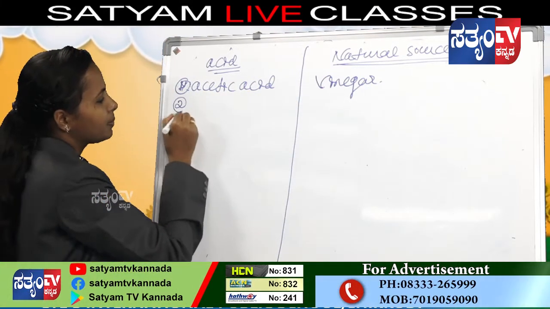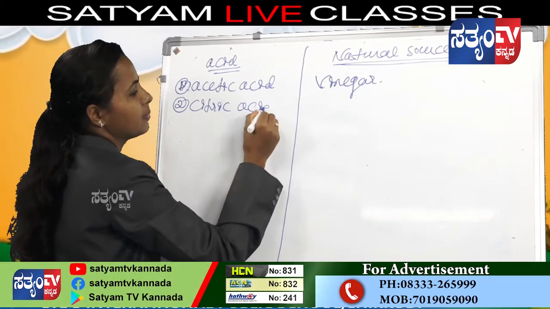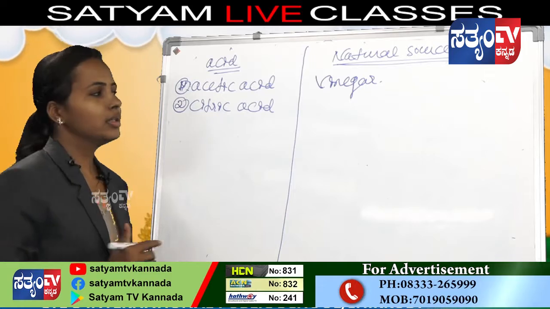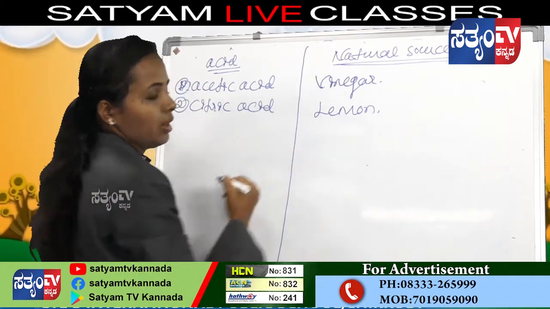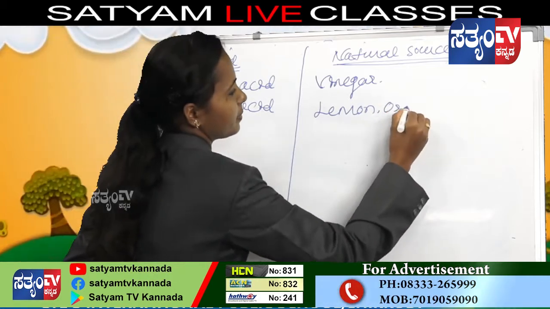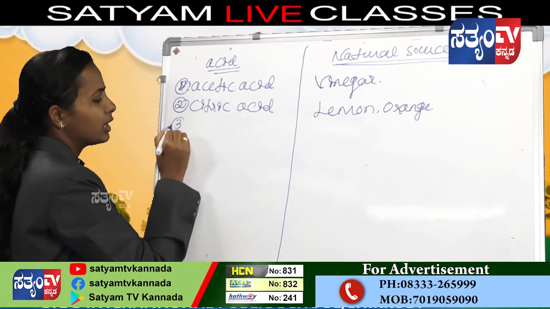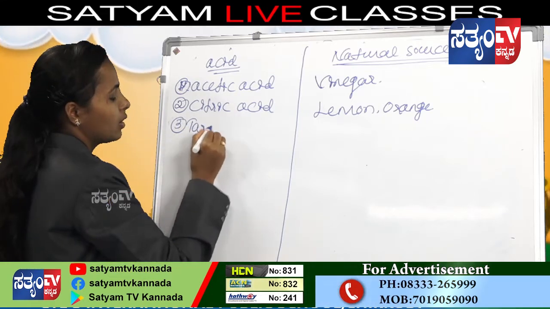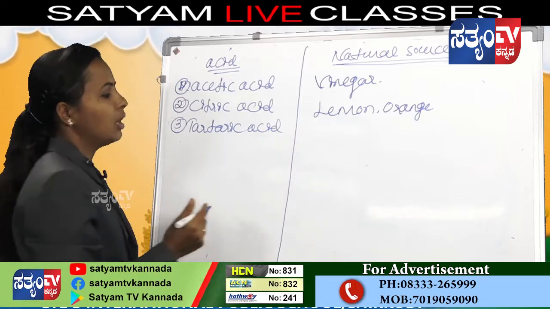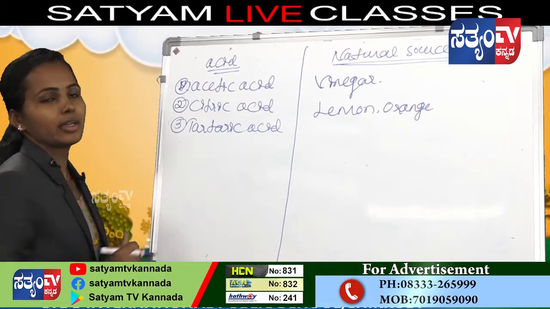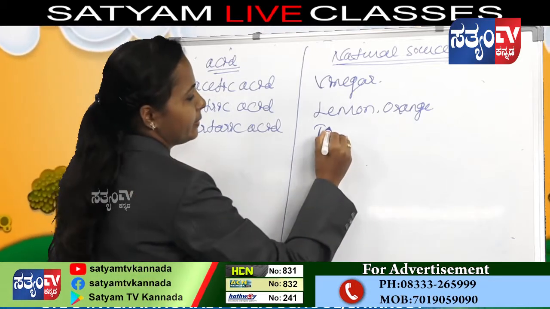And the second one, citric acid. Citric acid comes from lemon and orange. And the third one is tartaric acid, and the natural source is tamarind.